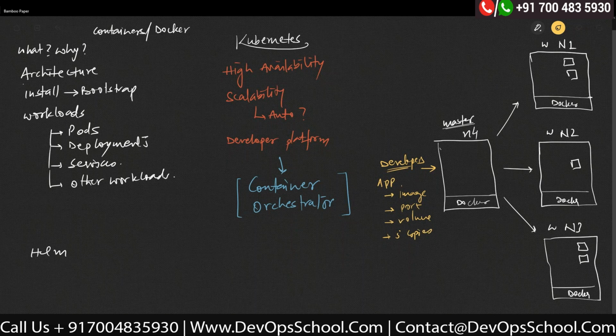And this master machine will receive this instruction, this application state definition, and then just ensures that this state is achieved by running the corresponding application in the number of copies over the cluster. Okay, now how does this setup solve all these problems? For example, let's say this container crashes.